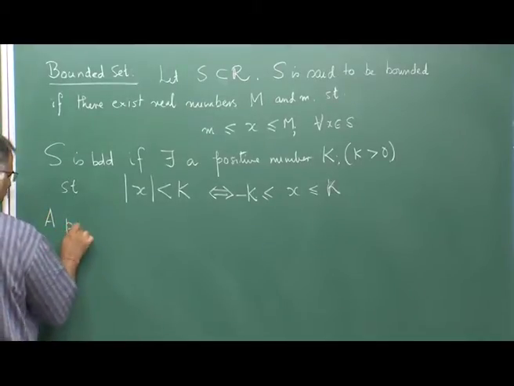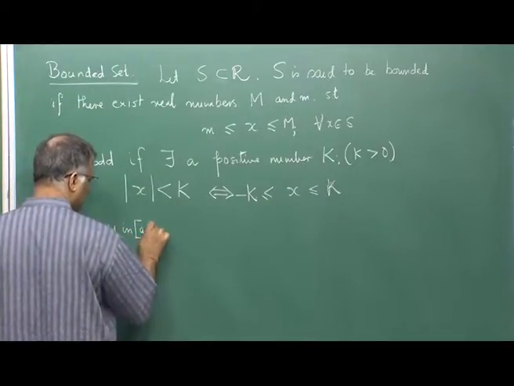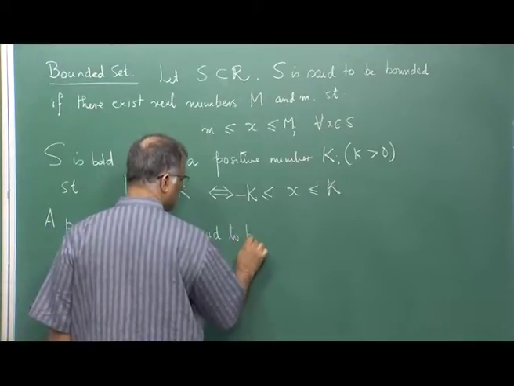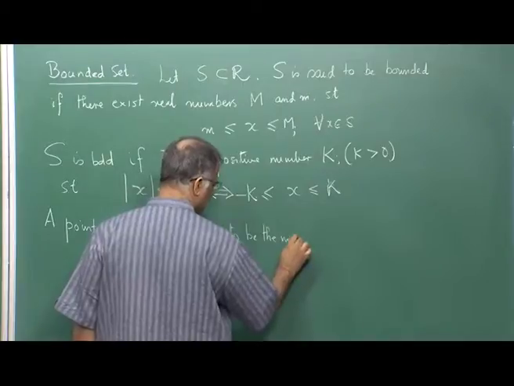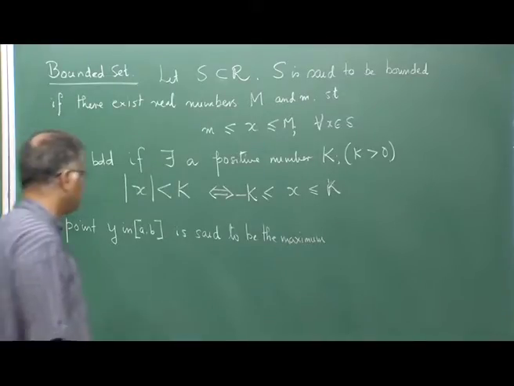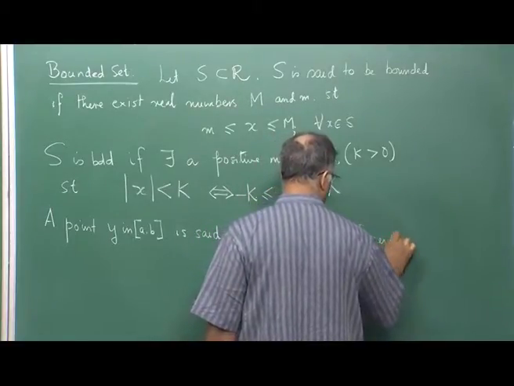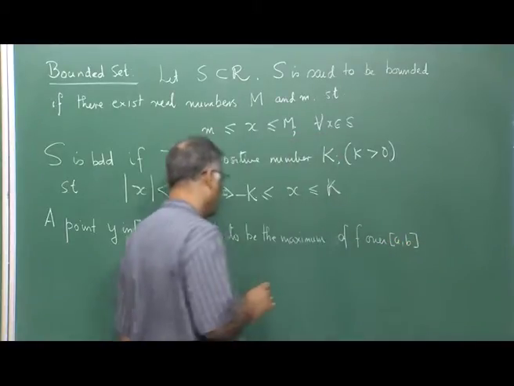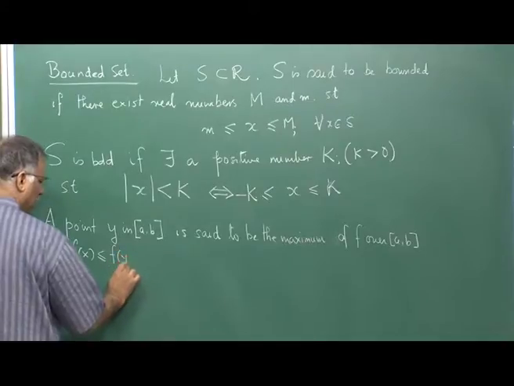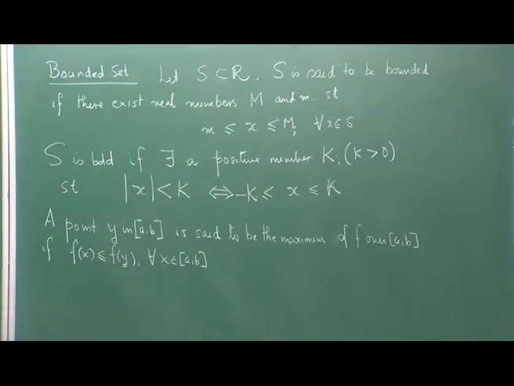A point y in [a, b] is said to be the maximum of f over [a, b] if f of x is less than or equal to f of y for all x in [a, b].